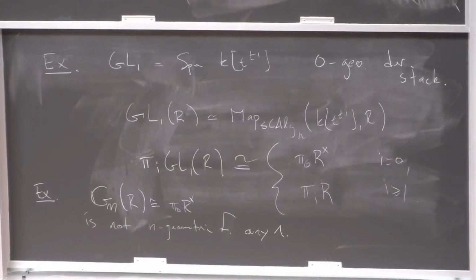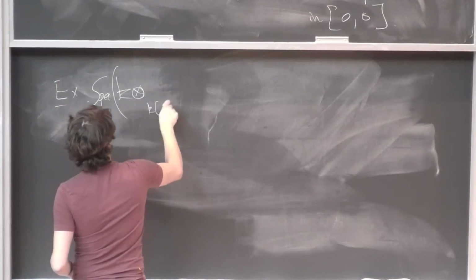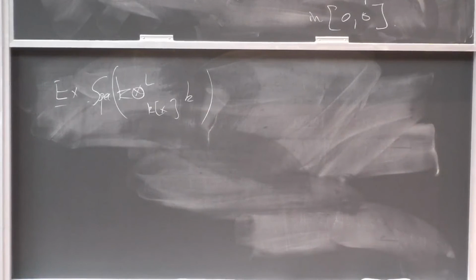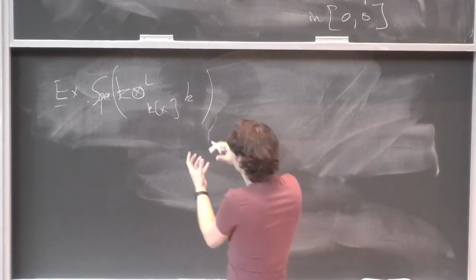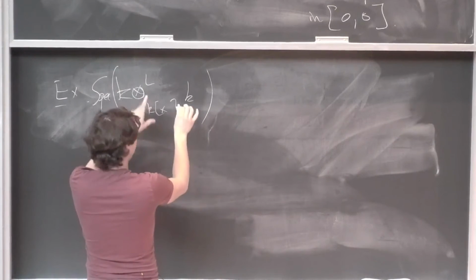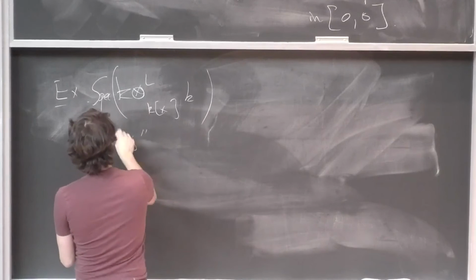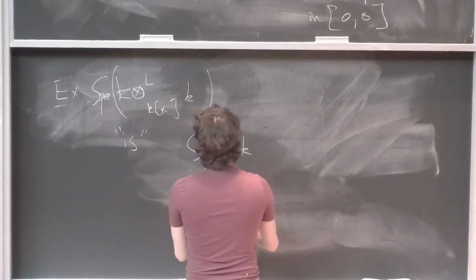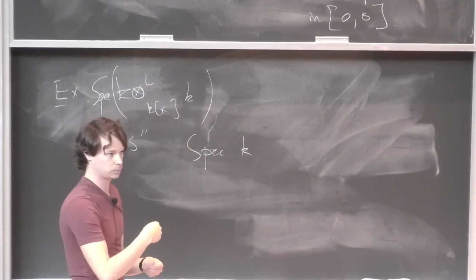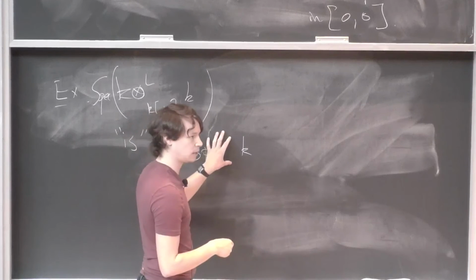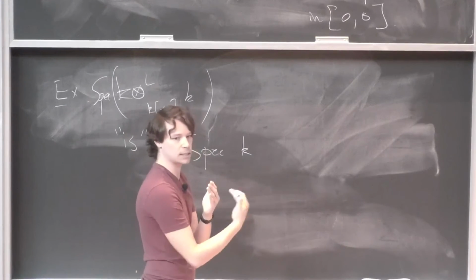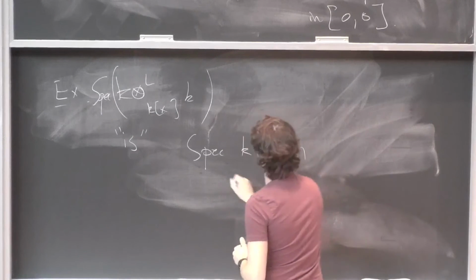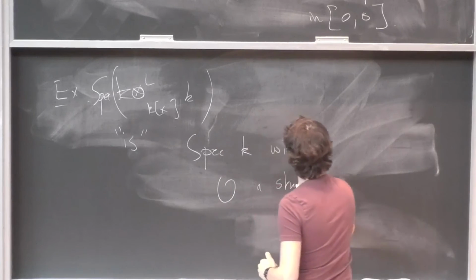So let's do spec of K tensor over Kx with K. And the way to view these affine schemes is that there's a slightly different perspective where you can make rigorous the following idea. This is, so I'm going to put this in quotations, spec K, that's pi 0 of this, but with a different sheaf of rings. So it's this as a topological space, but with a different sheaf of commutative rings, this time a sheaf of simplicial commutative rings.